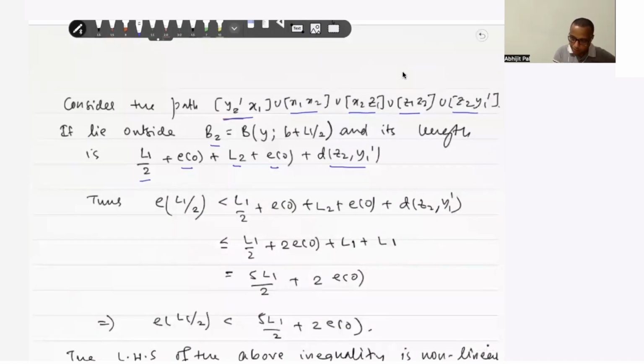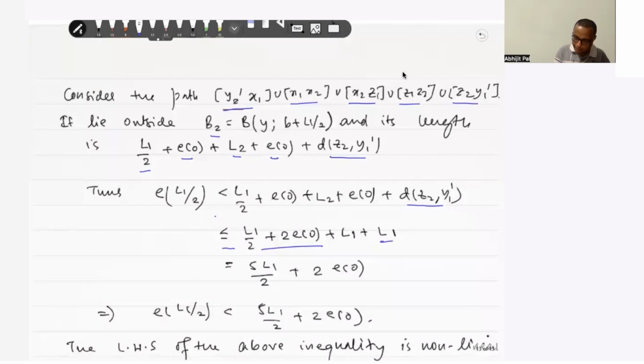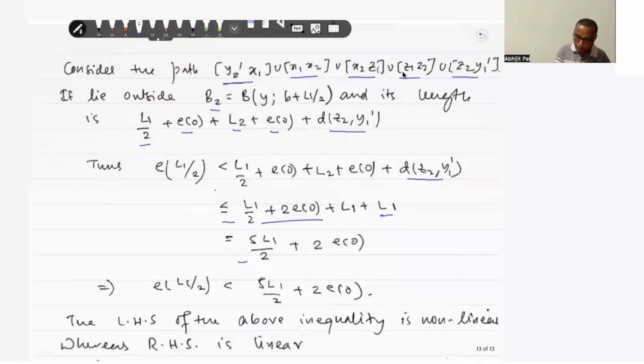So this is the length of the path. And this distance will be less than or equal to L1 because L1 is the maximum. So therefore, we have this inequality here, and this is equal to 5 L1 by 2 plus 2 E naught. So E of L1 by 2 is less than 5 L1 by 2 plus 2 E naught.